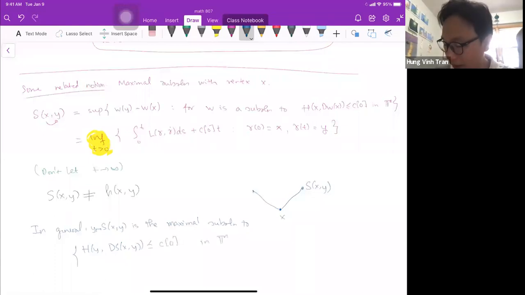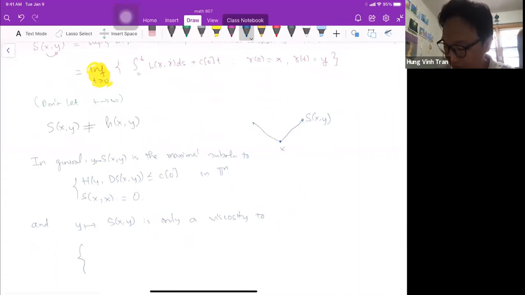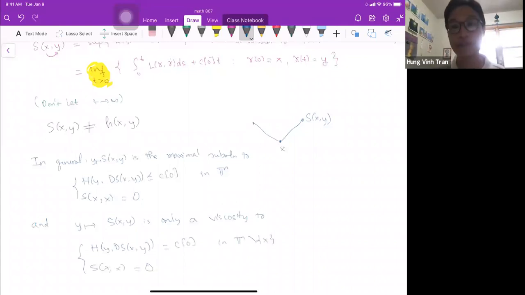And at the vertex, because this is for any time, I always have S of x, x equal to 0. And y maps to S of x, y is only a viscosity solution to the equation except at the vertex. So that's why I meant that they're different. In general, it's only a subsolution at the vertex.